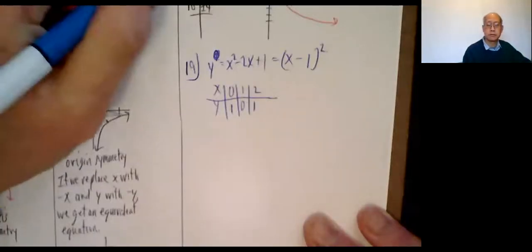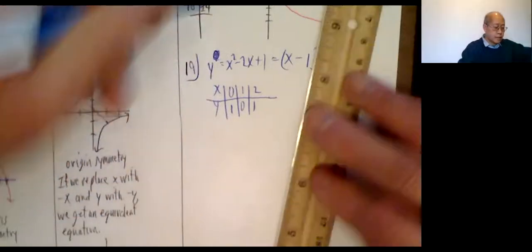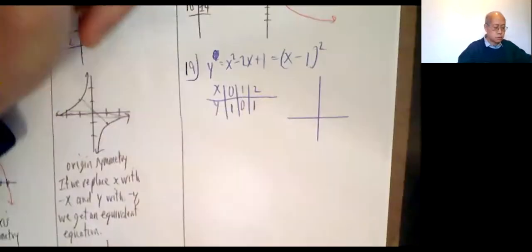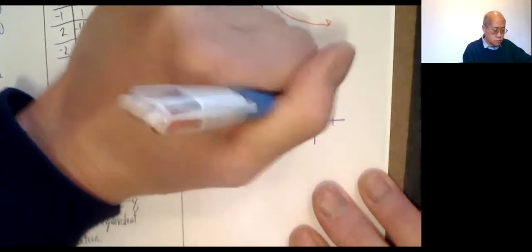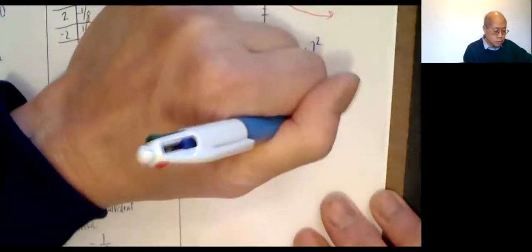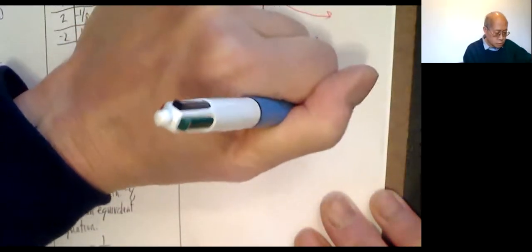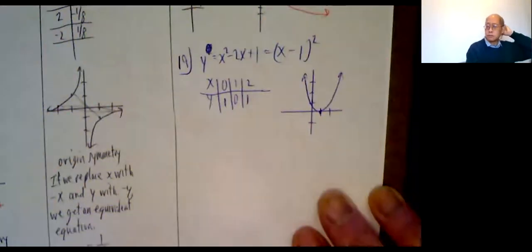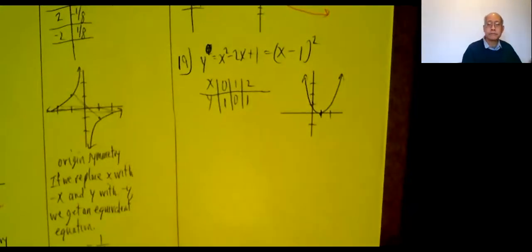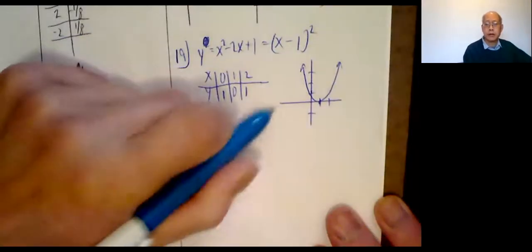So again, it's 1. It's a parabola. You might recall from your algebra parabola. It opens up. So this is probably all I need. Okay, let's see. 1, 0, 0, 1, 2, 1. So these are my intercepts.